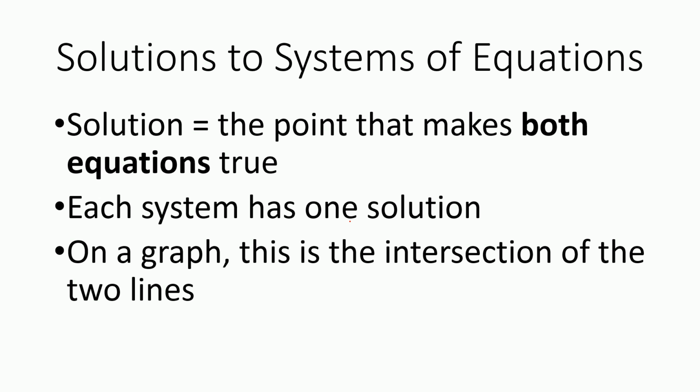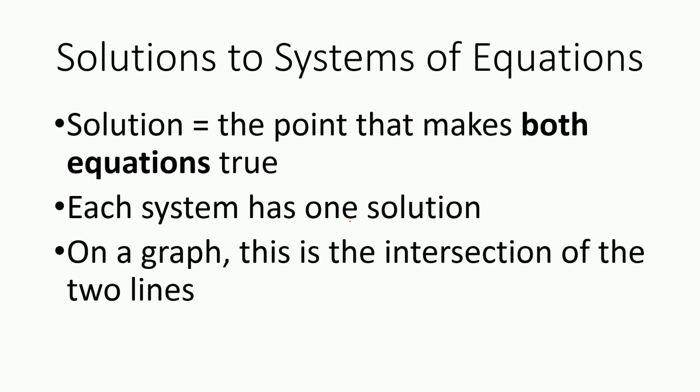So when we look at a system of equations, there's only going to be one point that is a solution, and on the graph that means it's the point of intersection of the two lines, because our equations in our systems will all be linear equations. And so we could graph the lines. The intersection of the two lines is the actual solution to the system.